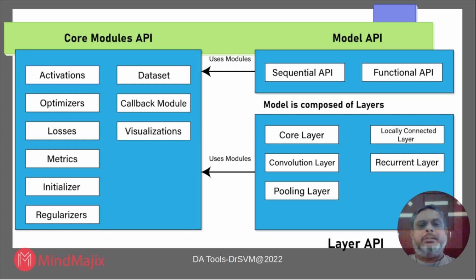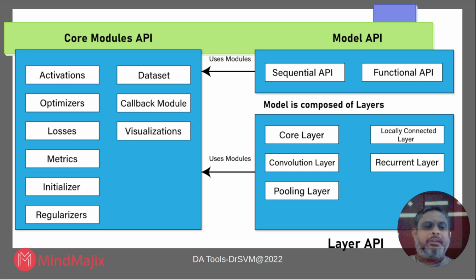We can look at Keras in multiple ways. So the core modules, APIs: there are activation functions defined under Keras. There are optimizers available under Keras. Various loss functions are available. Various metrics for optimizing are available.